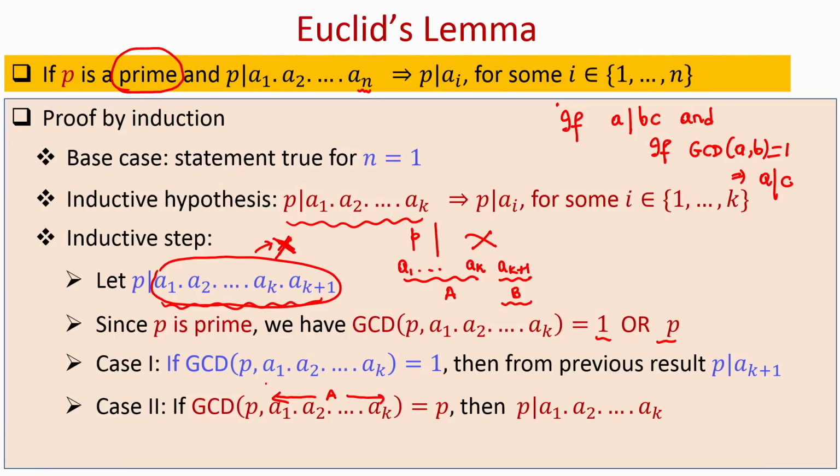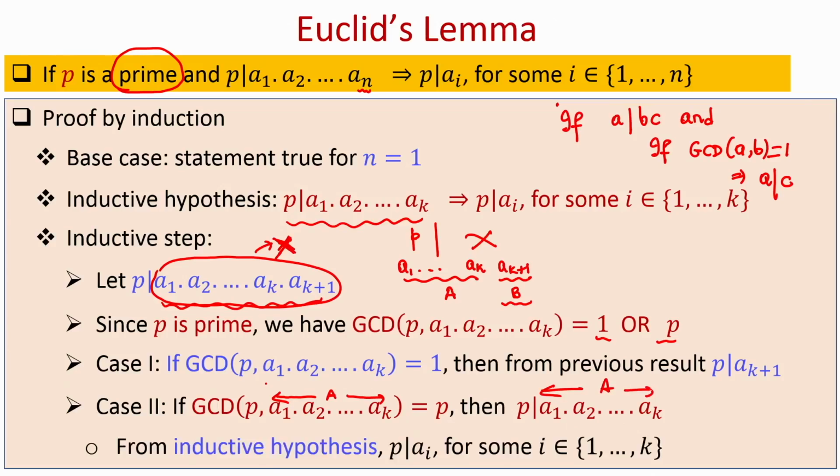Then in that case, P of course divides capital A, and if P divides capital A and capital A is the product of k numbers, and since P is a prime number, I can use my inductive hypothesis and argue that there exists at least one number involved in the computation of capital A which is completely divisible by P. That means either P divides A1 or P divides A2 or P divides AK.